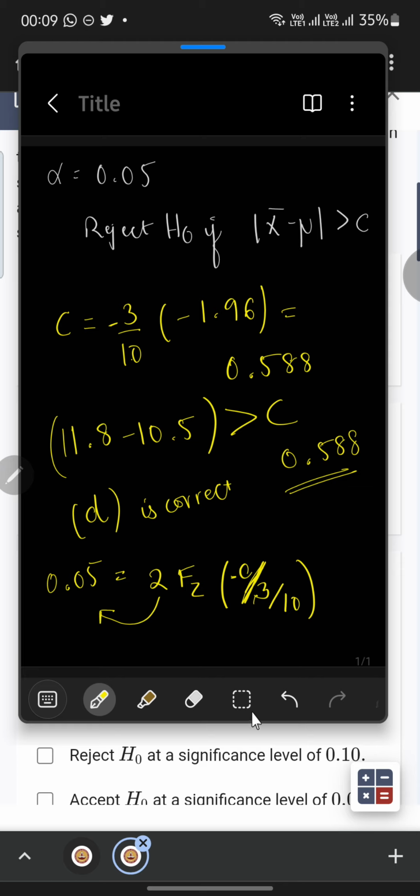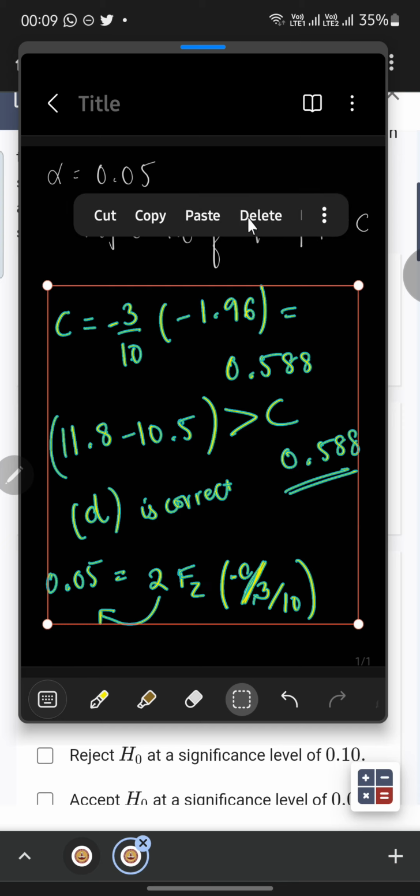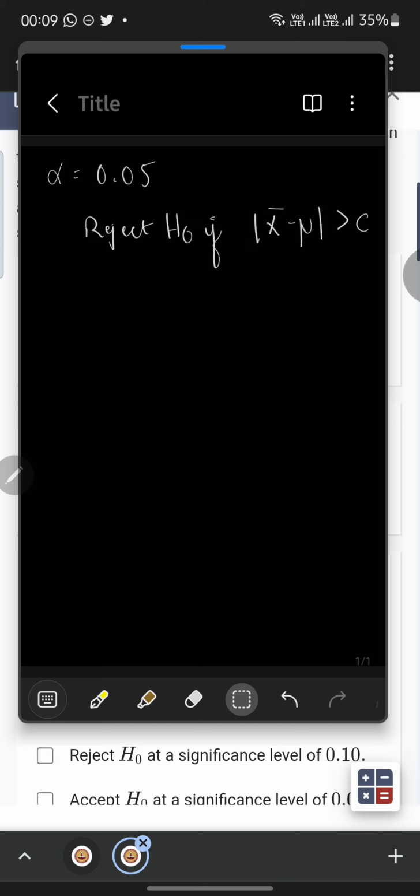right? So now here comes the next alpha. If this D option is correct, then the C option is obviously wrong, right? So we can say D is correct and C is wrong for sure.